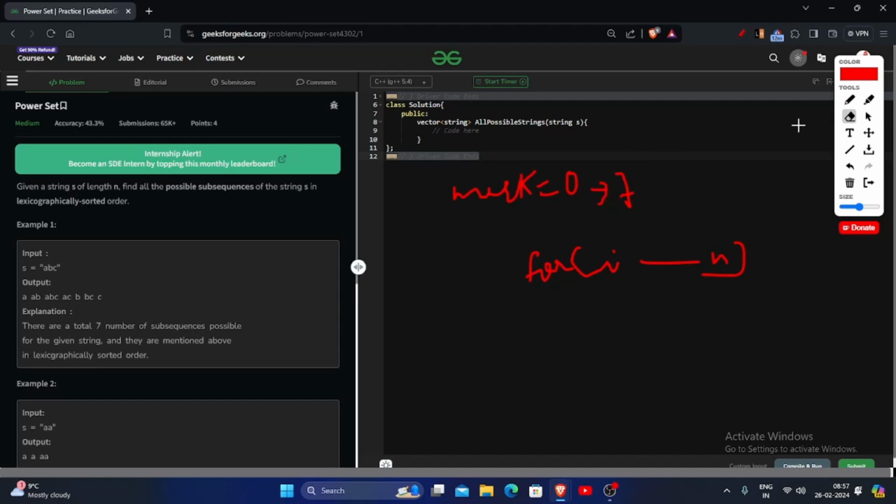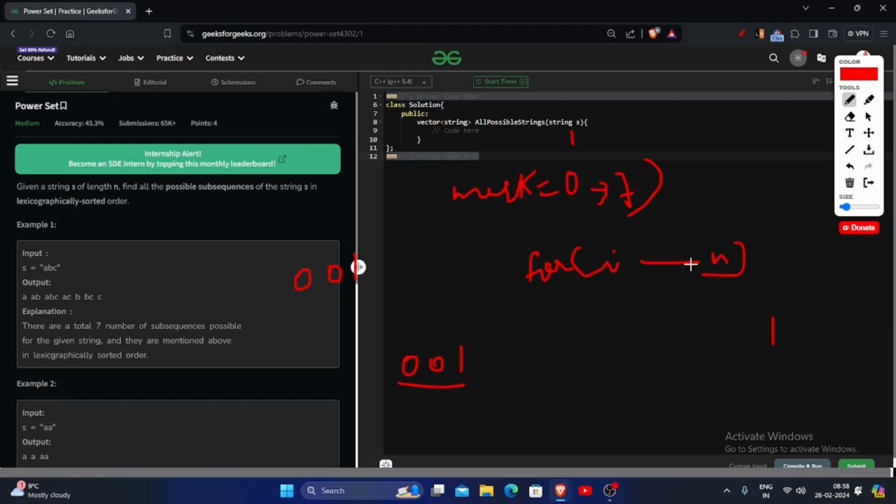And now, let's say I am at mask 1, because we need 001. So my mask is 1. And now I will check, can I take the particular ith character? And how will I check? I will check if my mask is set for that character. Currently, I am looking for mask 001. So here I can only take this index, that is 1, or I will say that is the 0 index.